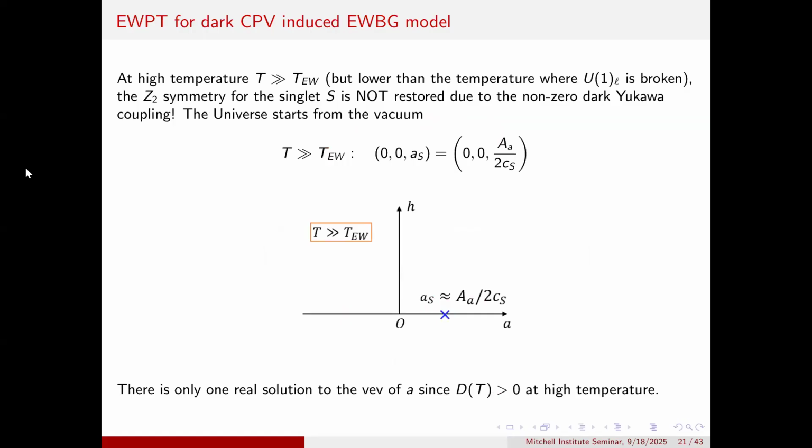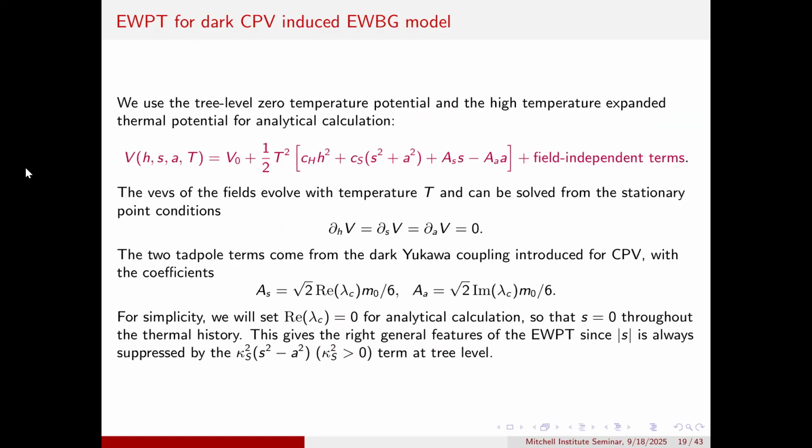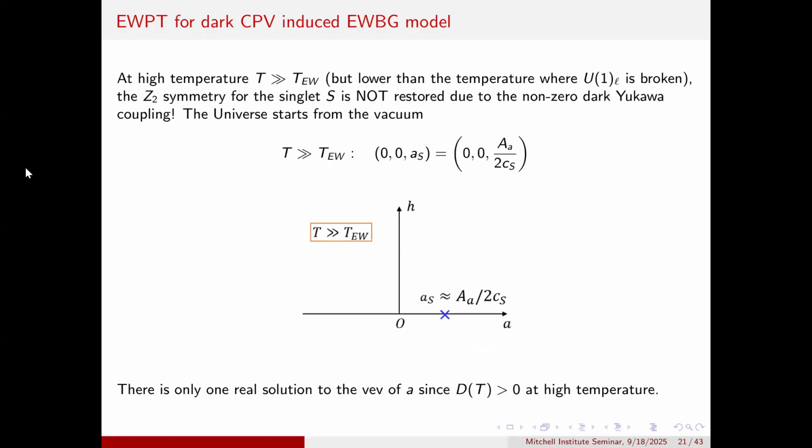So now we start from a very high temperature. We found that because we have this A-squared term here, which is non-vanishing at finite temperature, the universe actually starts from a non-zero A. So this is different from most of the singlet extension standard model, where the universe starts from 0, 0.